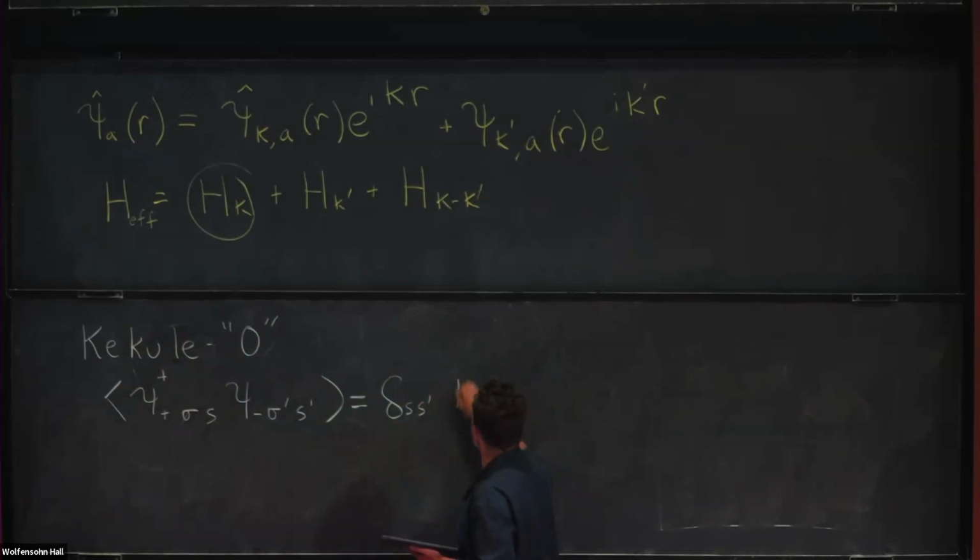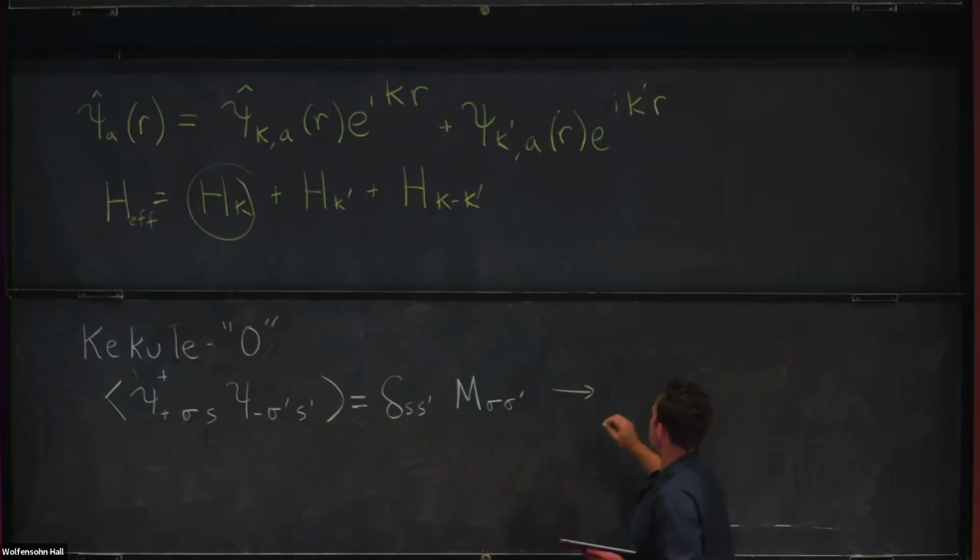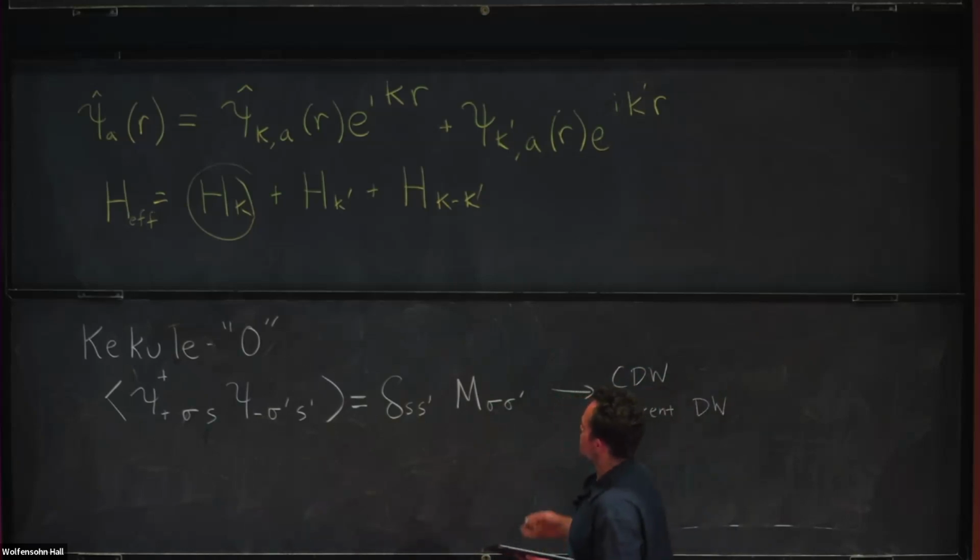But then there could be a more general matrix here. So this tells us that it occurs in either charge or current. So it can either be a charge density wave or something like a current density wave, if it's not spin. And what's interesting is to analyze what the impacts on the spectrum are if you add a symmetry breaking of this form to graphene.